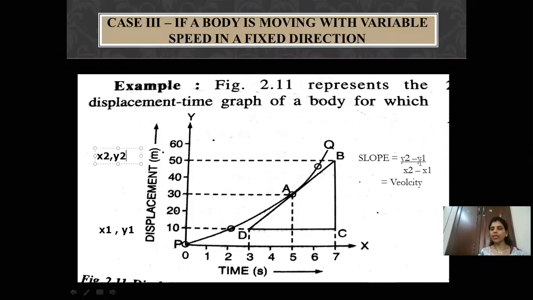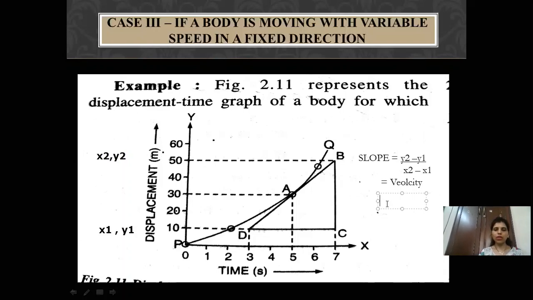So when we are finding the slope, we are going to use the formula y2 minus y1 upon x2 minus x1. Now I am going to write the values over here so that you understand.